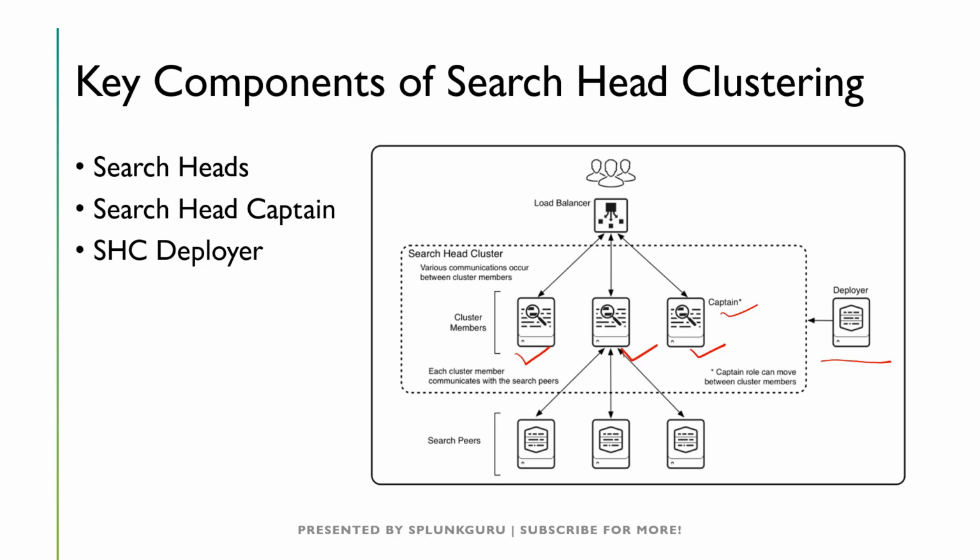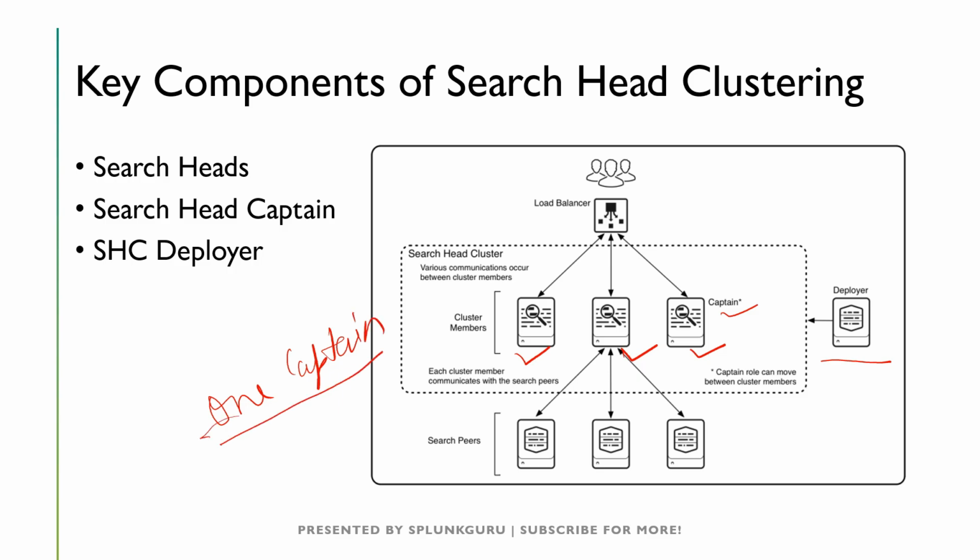Then, what does the captain actually do? Among the members that are part of your cluster, one cluster member will act as the captain. Just make sure there will be just one captain at a time.